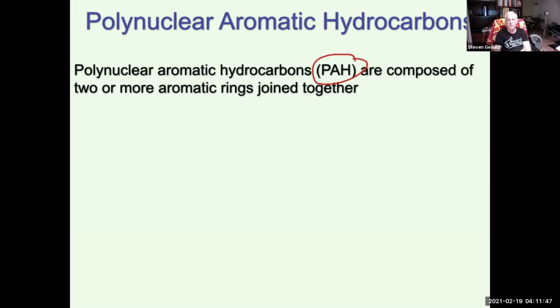Polynuclear, so more than 1 aromatic ring. If you have a benzene ring, let's just give an example, like this, you can have another benzene ring like that, and it's here in the center. So those are more than one aromatic hydrocarbon ring joined together.